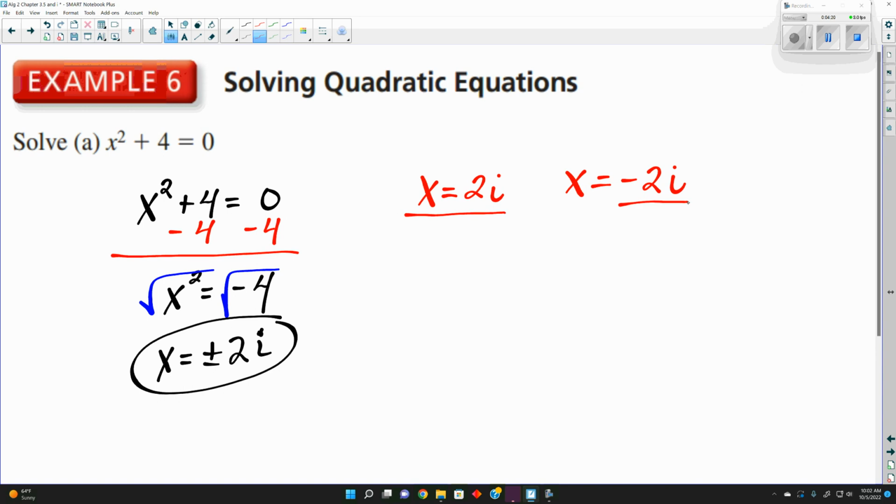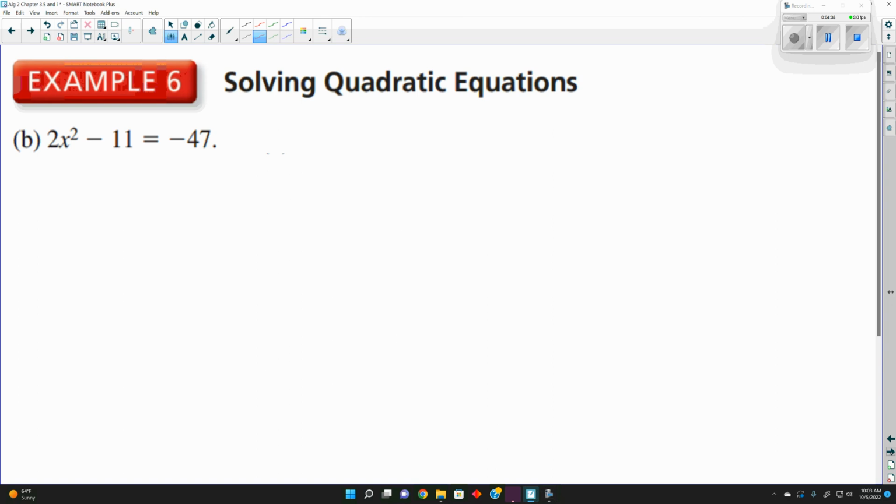If we have one, we need the other. So does this kind of make sense, without a plus bi, a minus bi? If we have a solution with i, we're going to have two of them. We're going to have a positive and negative version of that. Questions on this here so far? Okay.